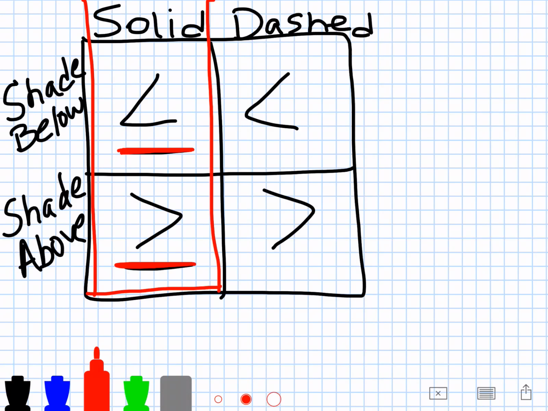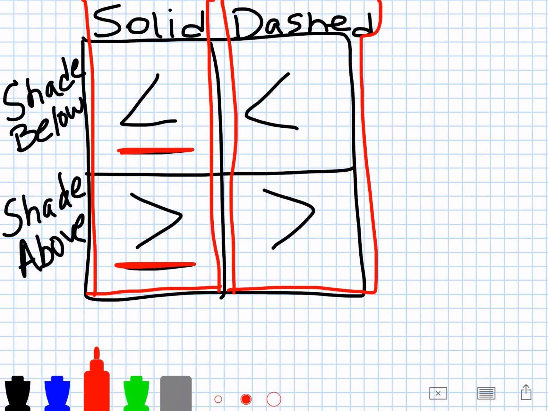If that solid line underneath your less than or greater than symbol is not there, then you're going to be using a dashed line. So if your symbol is just greater than or just less than, then you are going to be using a dashed line.